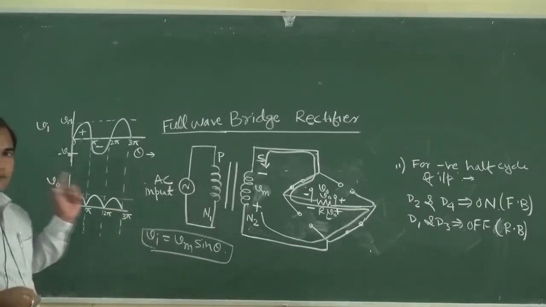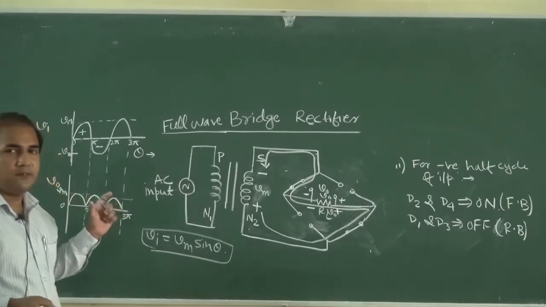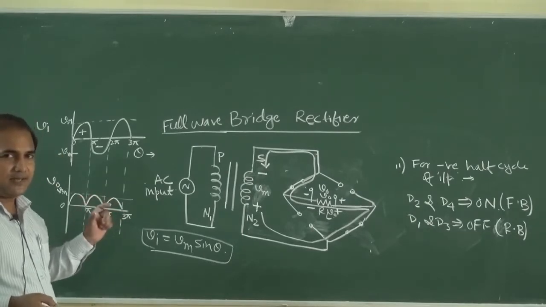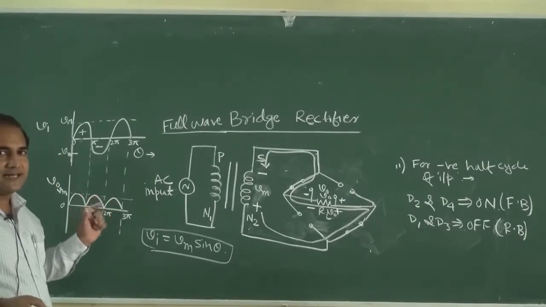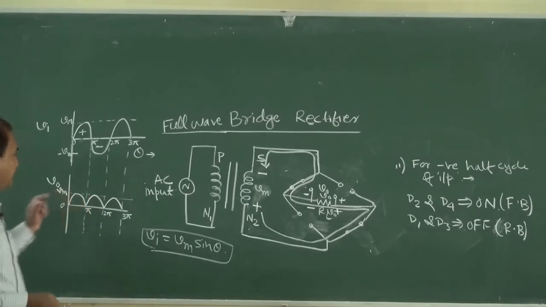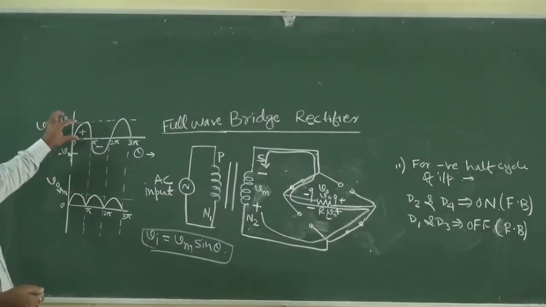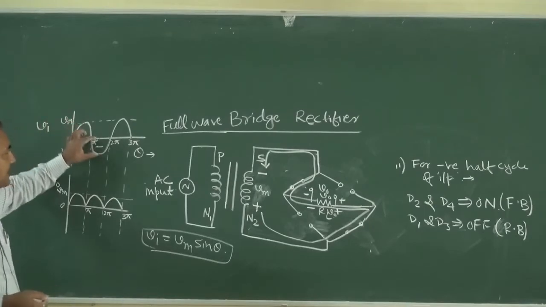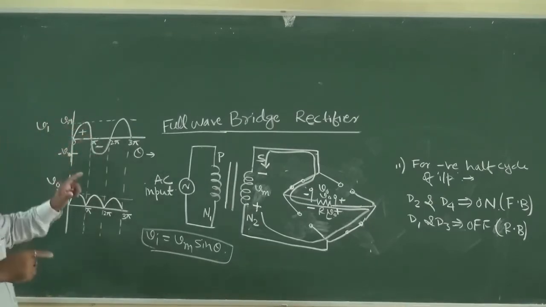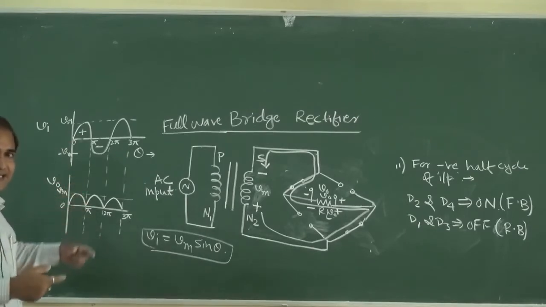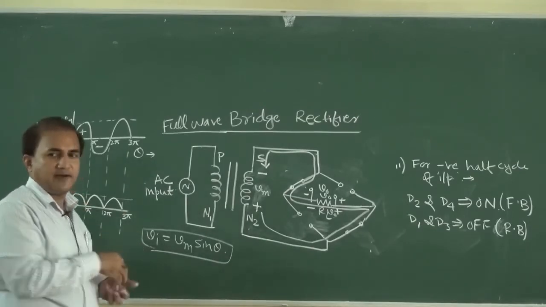So this is the working principle of the full wave bridge rectifier circuit. It gets output in both the positive half as well as the negative half of the input. So here IDC or VDC increases as compared to the half wave rectifier.